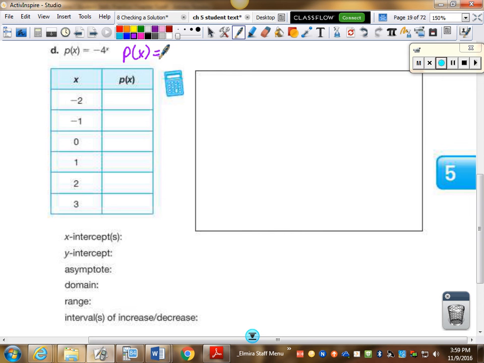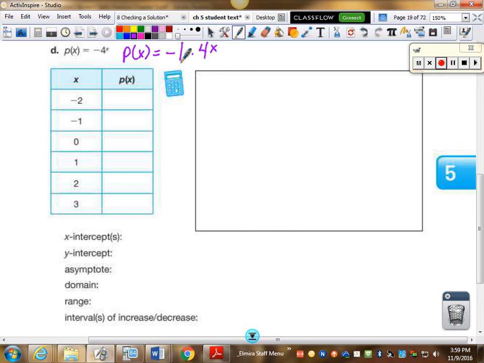D is tricky because there's a negative sign in front of the 4 to the x. So when we're talking a times b to the x, okay, the 4 is the b. The a is the -1. Whoa, Mrs. Andrews. Shouldn't the b be -4? The answer is no. Okay, this is really important, guys.